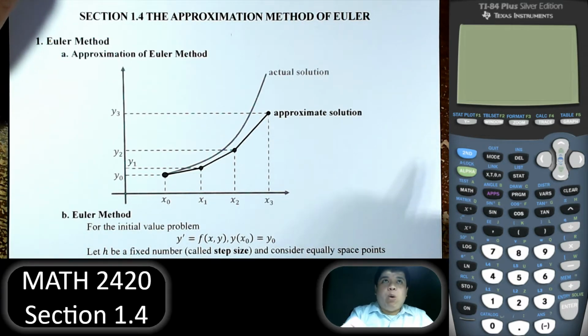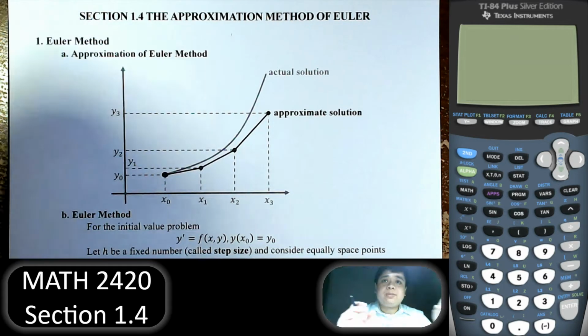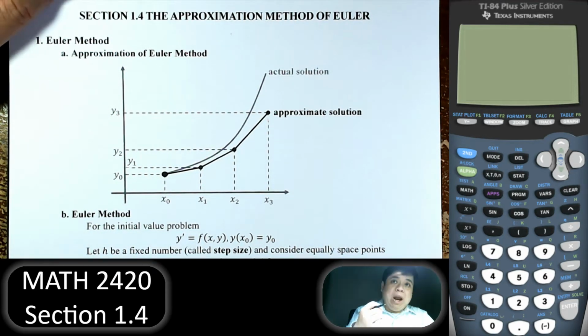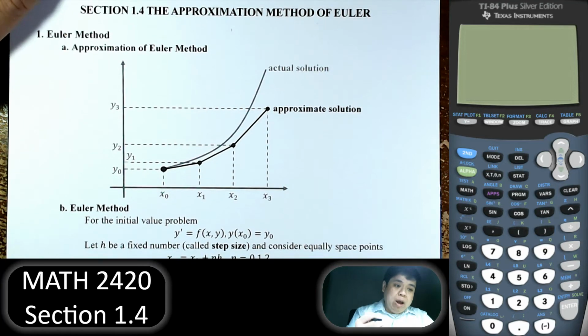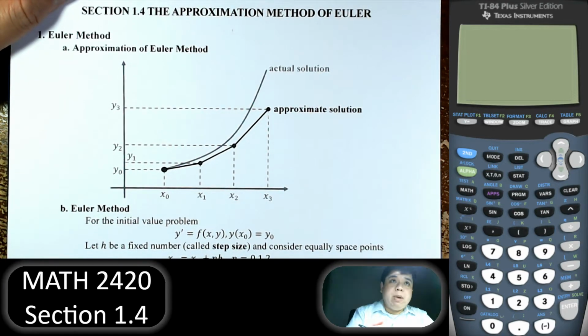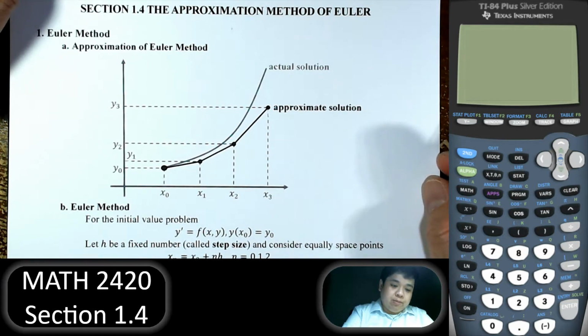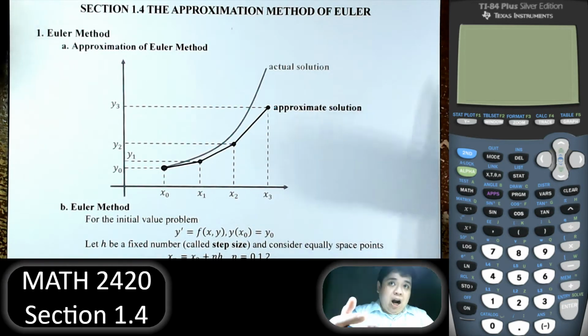Section 1.4, Euler Method. In this section, we will use a numerical method to approximate the solution of a differential equation, in particular an initial value problem.